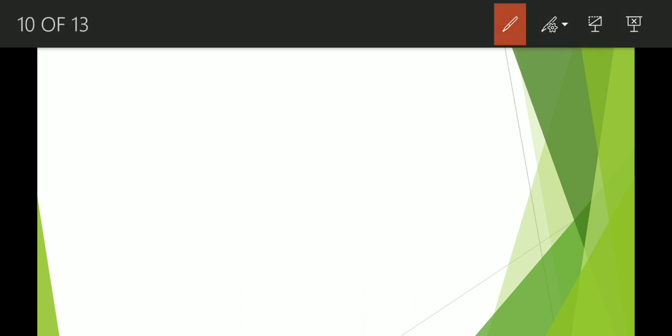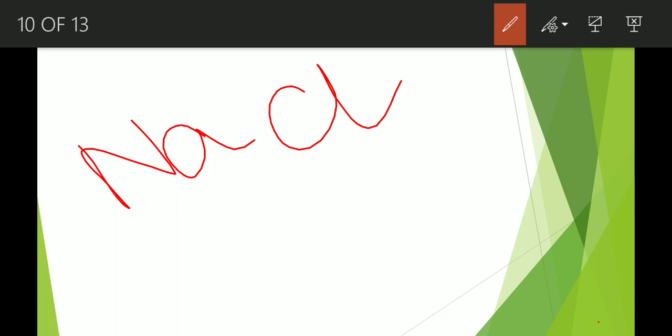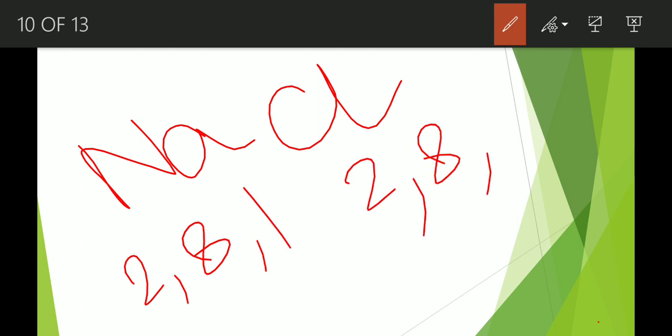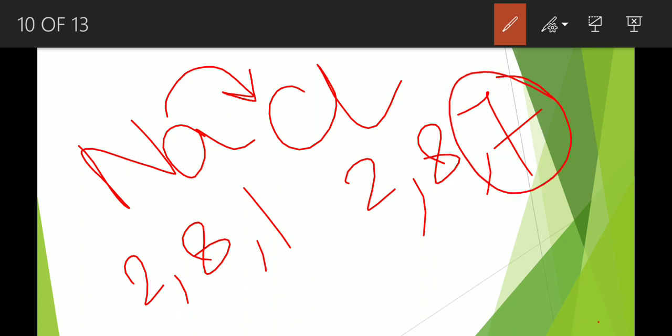Let's see what is an electrovalent compound and what is a covalent compound. First, when alkali metals like sodium react with a non-metal like chlorine, they form an electrovalent compound. Sodium is 2, 8, 1, chlorine is 2, 8, 7. So as to achieve octet, sodium should give 1 electron to chlorine, and so as to achieve octet, chlorine should accept 1 electron from sodium, right?